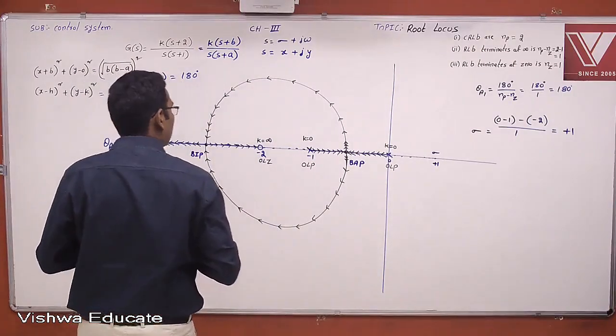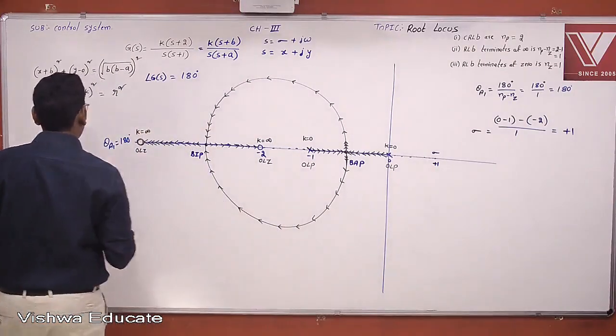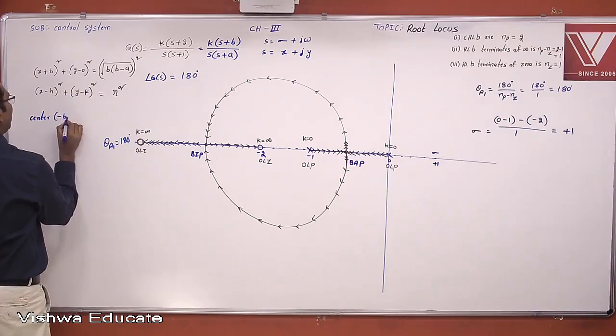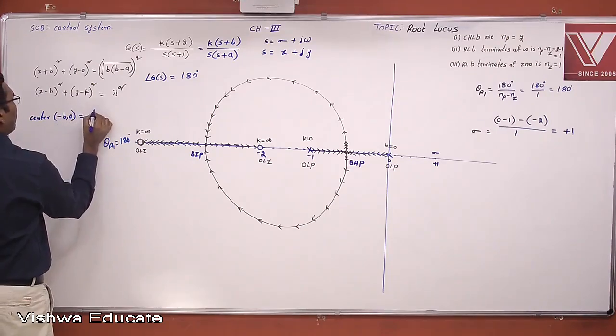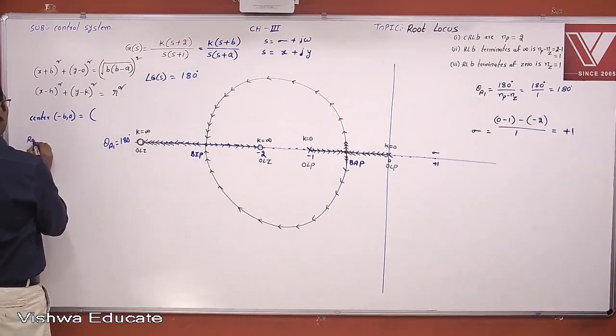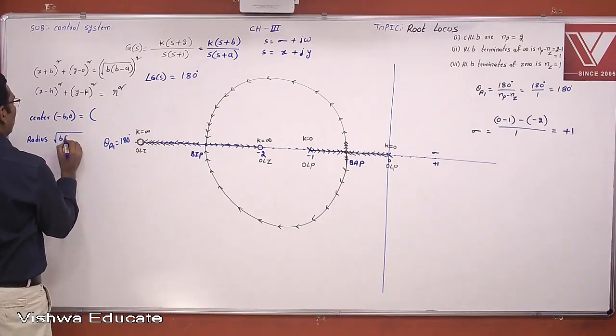Now my question is, what is the center? If you observe here, the center is minus b comma 0, and the radius is square root of b into (b minus a).